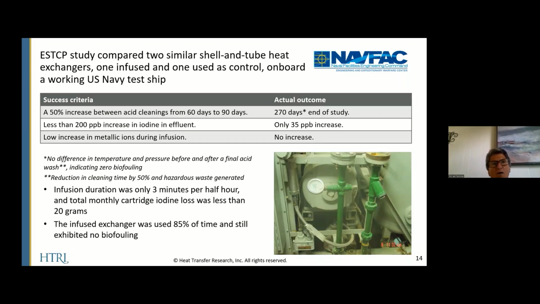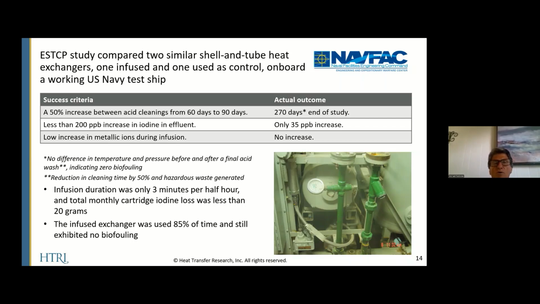In fact, when they did an acid wash before and after the end of the trial, they found that there was absolutely no decrease in pressure before or after the acid wash, which indicated there was absolutely no foul formation whatsoever within the heat exchanger itself.